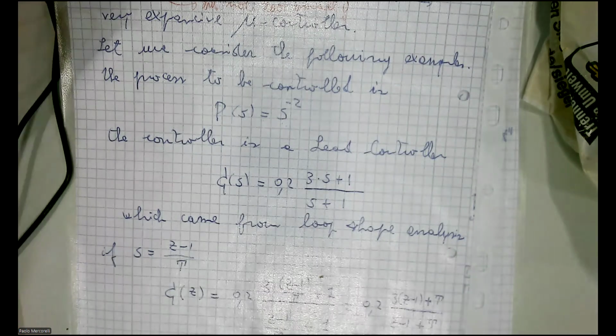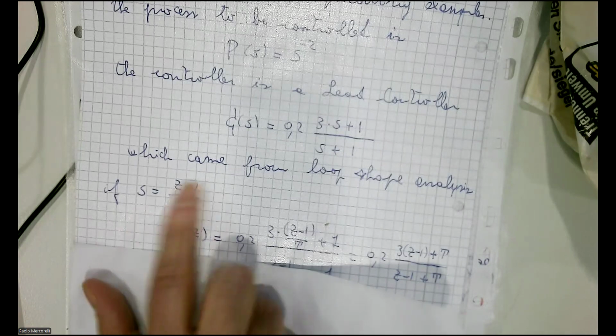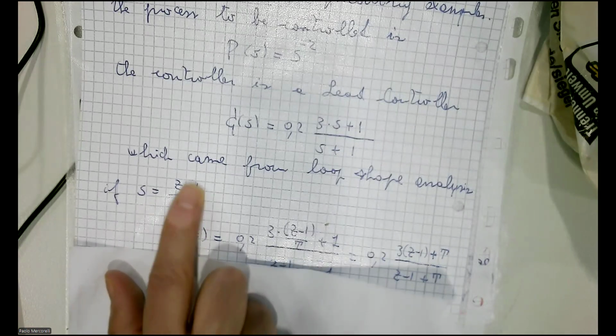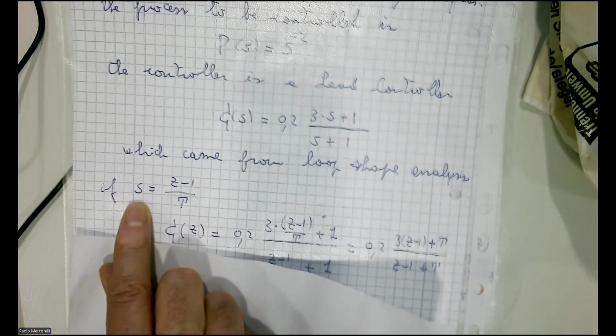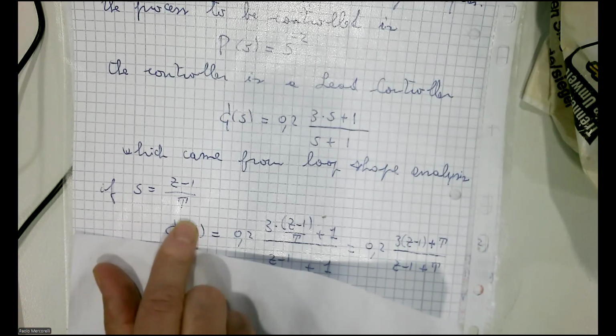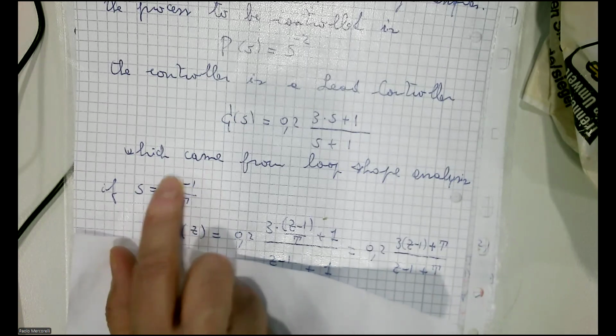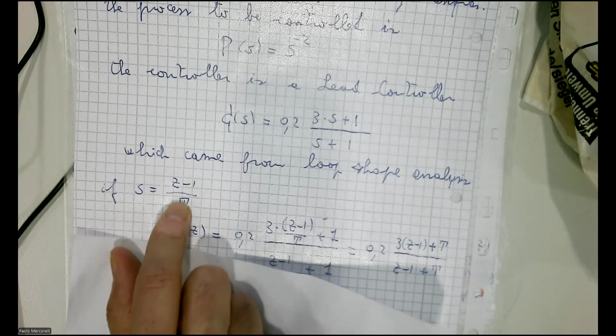Then the emulation is characterized, as I told you last time, by substituting s equals z minus 1 divided by T. Do you remember I told you why? This is the forward Euler approximation.